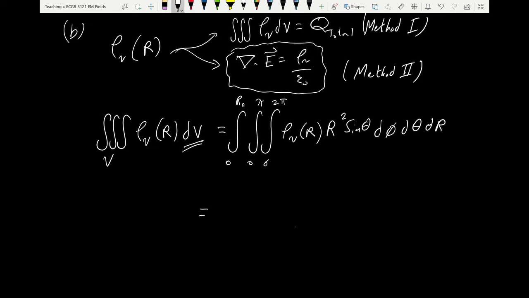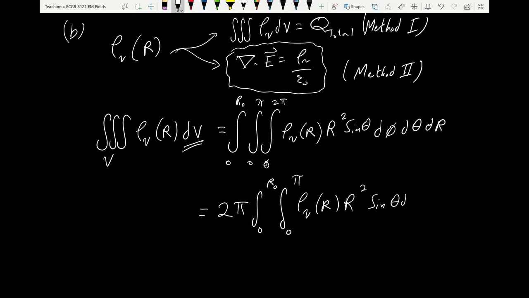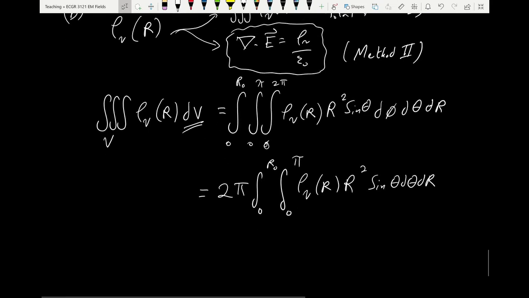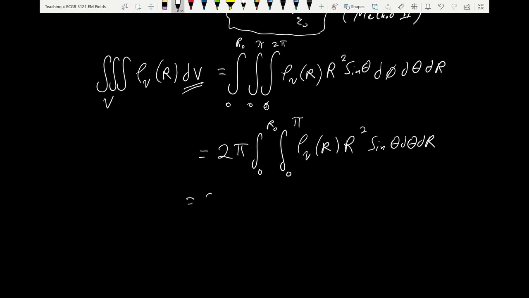So the phi part is easy, there's no phi here. So I just integrate from 0 to 2 pi, and I just get a constant 2 pi. And then r goes from 0 to r naught, theta from 0 to pi, rho v r squared sine theta d theta dr. At this point, I just need to integrate.